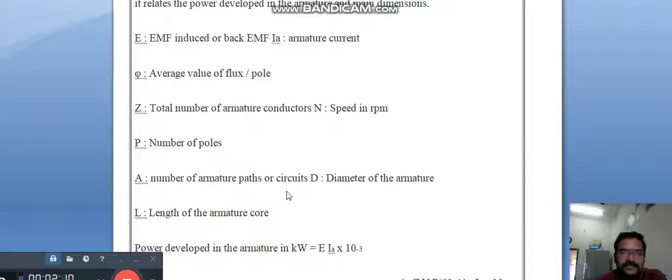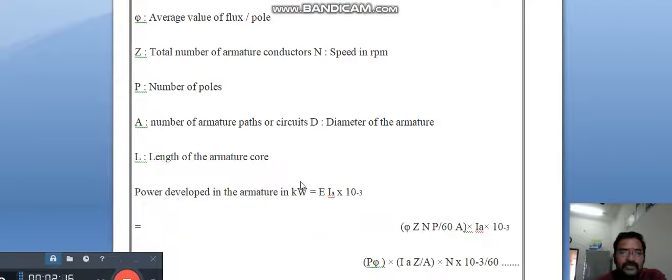A is the number of parallel paths, that is, the number of armature paths or circuits. D is the diameter of the armature and L is the length of the armature core.